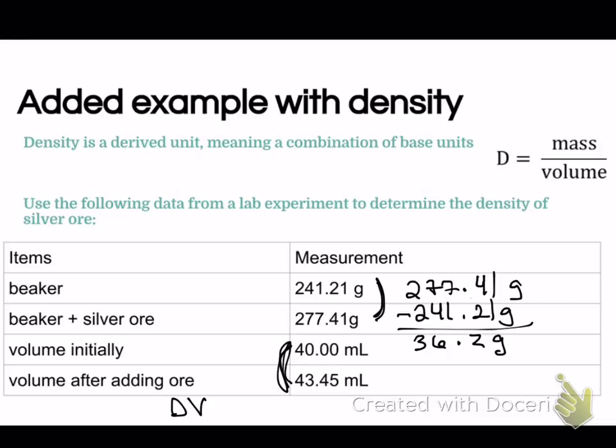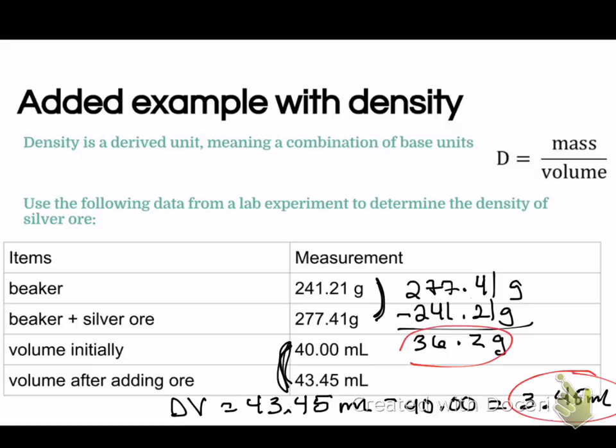And then to find the volume, I have to do another delta calculation. So it's final minus initial. So in this case, its final is 43.45. And we're going to subtract the original. And so this gives us the volume of just the silver. Okay, so I can take the mass here and the volume here, and I can calculate the density.